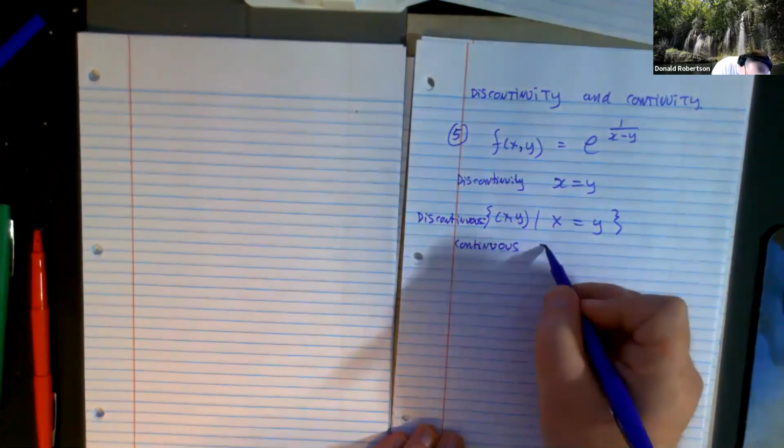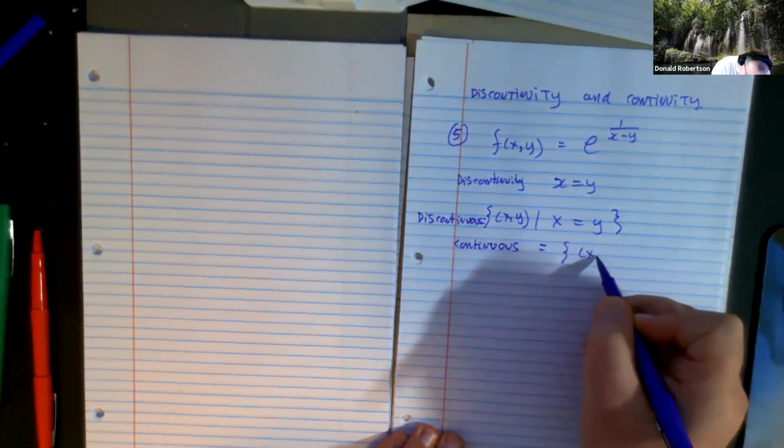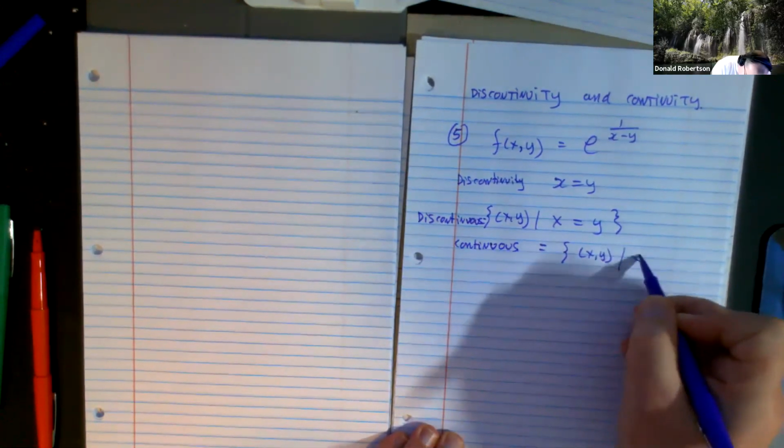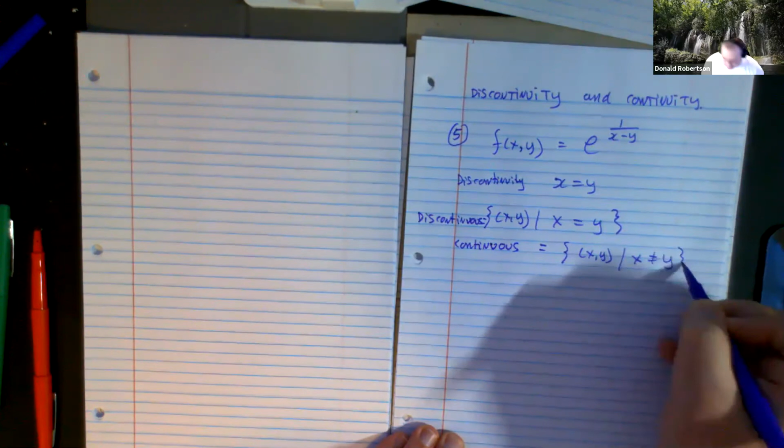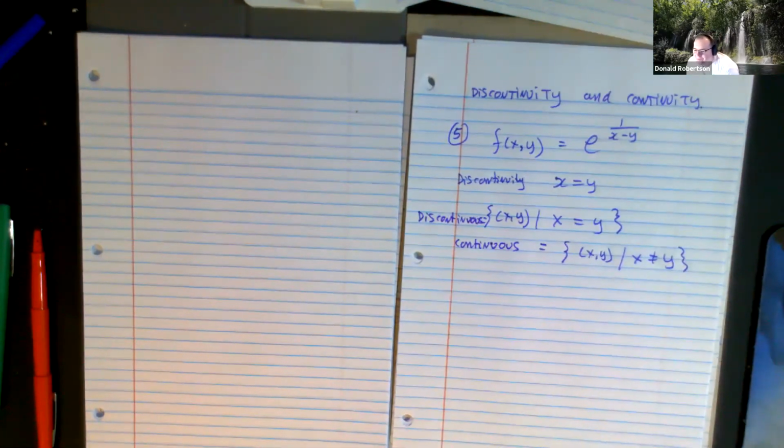If I wanted to know all the places where the function was okay, wouldn't the answer just be the opposite of that? So, if you know where something's continuous, don't you also know where it's not continuous, right? Where it's discontinuous. They're like left and right hands, right?